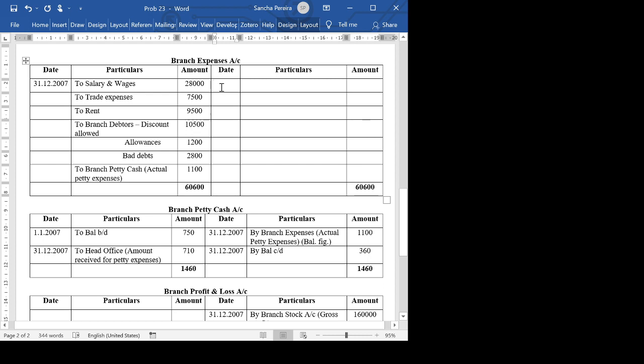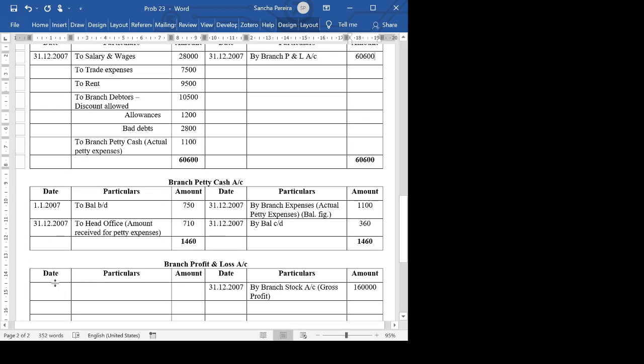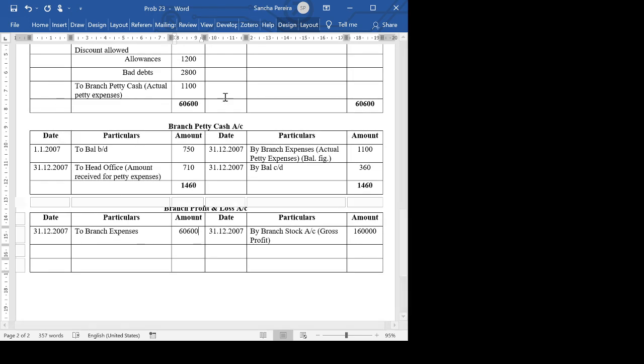So we have here 31st December 2007 by branch P and L account 60,600. And in the P&L account, you show it as the total of all the expenses. To branch expenses, 60,600. So we have a gross profit of 1,60,000, expenses of 60,600.